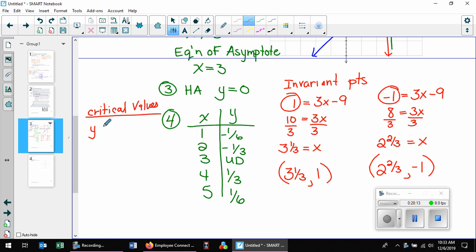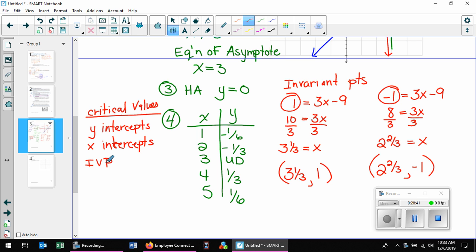So we're looking for Y-intercepts, X-intercepts, invariant points. Those would be critical values. We don't have to do all of them. Like in this case, we didn't graph our invariant points.